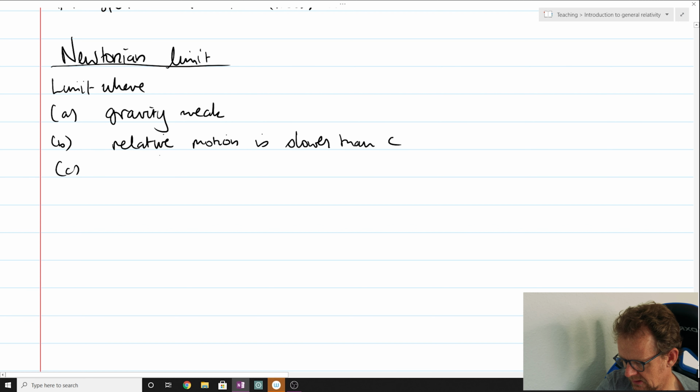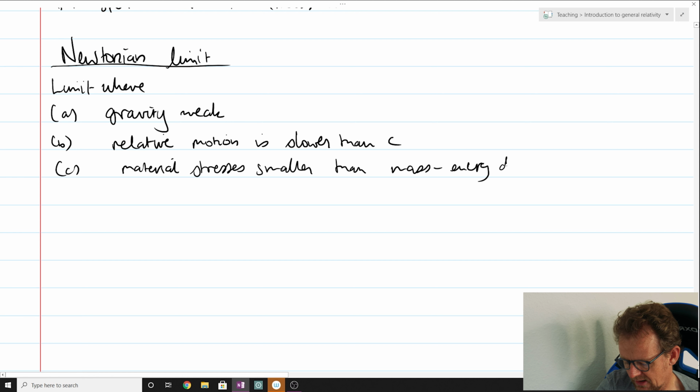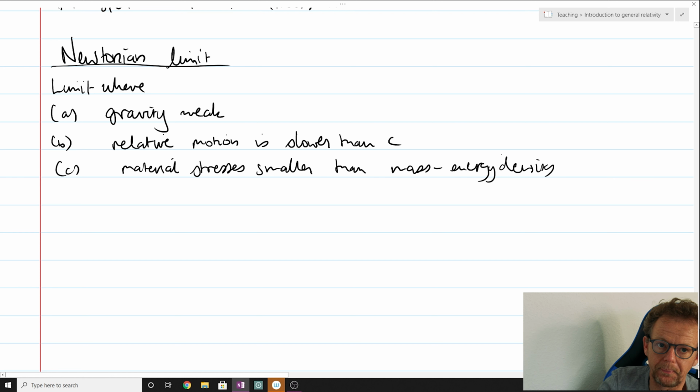And C, the material stresses have to be pretty small as well. Most of the mass energy density has to be in the form of mass energy density rather than material stress.